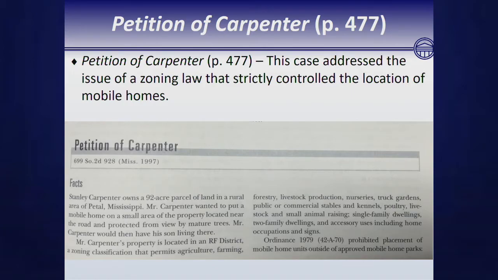It was protected by some mature trees, and anyway, the Board of Aldermen denied his request. And so the question is, is this ordinance valid? And the court here held that requiring placement of mobile homes only in mobile home parks is absolutely unlawful.